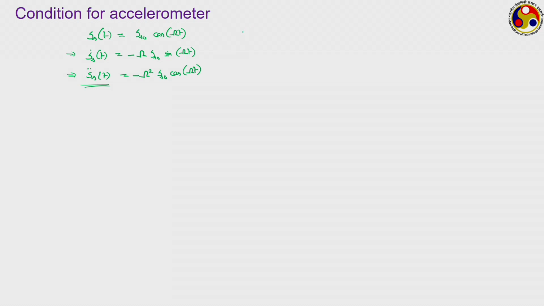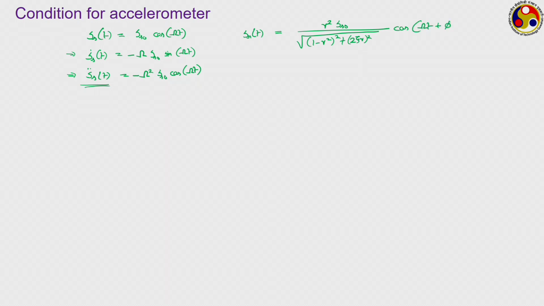So, the resultant that we have got is S_R(t), that was r square into S_S0 by root over (1 minus r square) whole square plus (2 zeta r) whole square, into cos of (omega t plus phi).